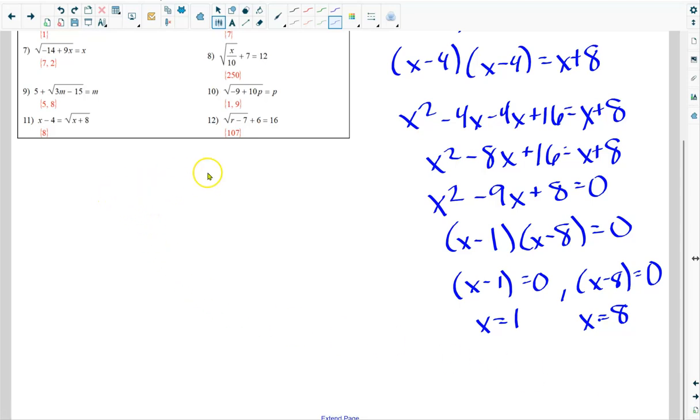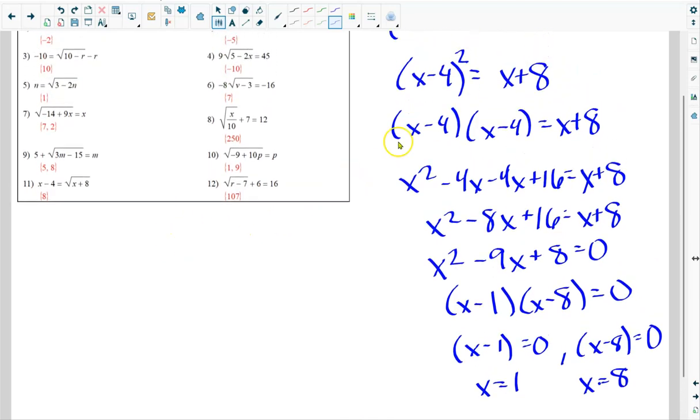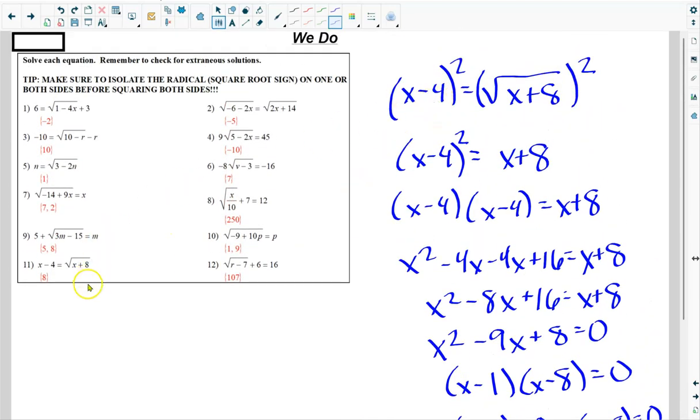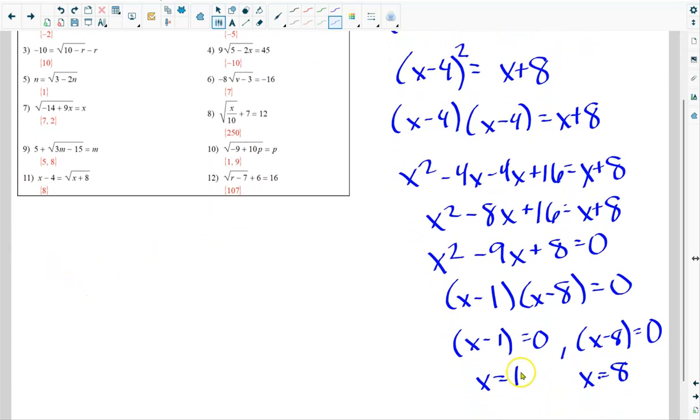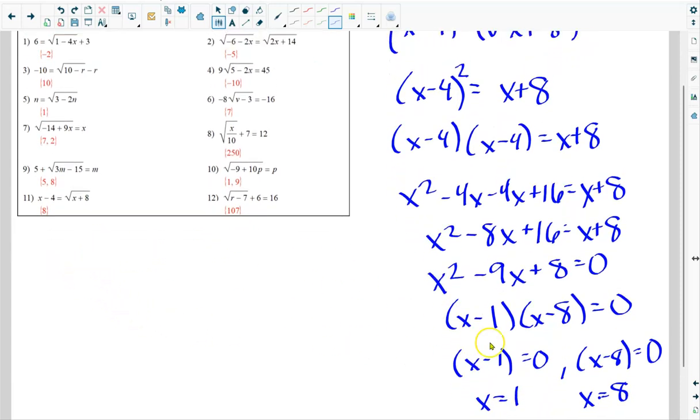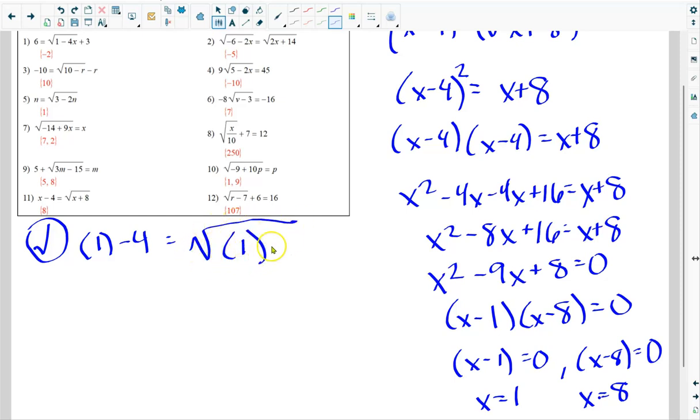So let's go ahead and check real quick. How do I check? You go back to the original, which is this guy right here, 1 and 8. We're curious about the 1. Let's put the 1 in. So this is check number 1. 1 minus 4 equals square root of 1 plus 8.